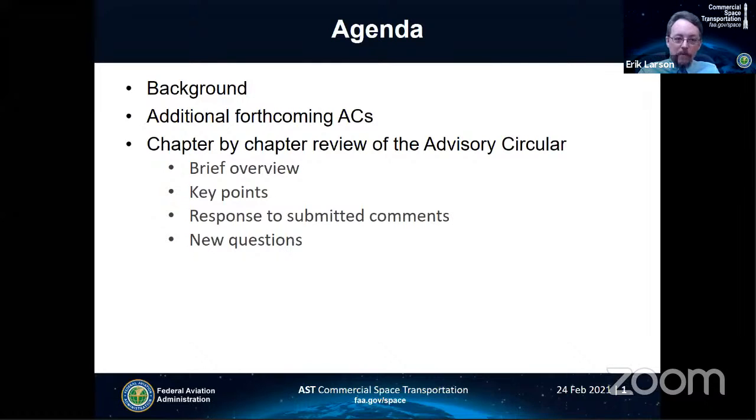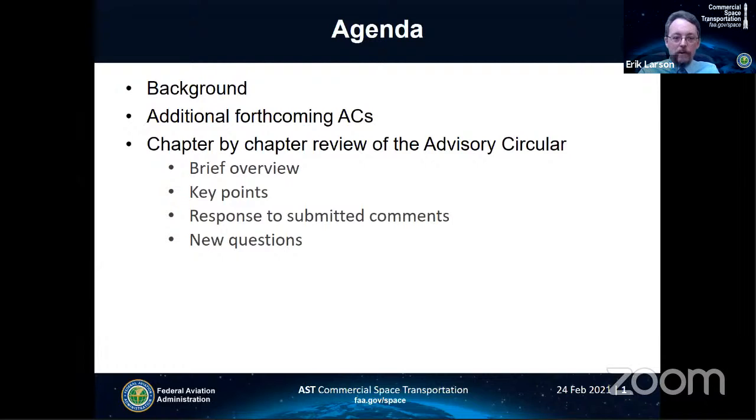But the bulk of today will be a discussion of this advisory circular, and we'll go through it chapter by chapter. For each chapter, I'll give a brief overview, especially highlighting some key points, and then I'll explain some responses to comments that were formally submitted during the 30-day comment period that occurred after the initial publication of the advisory circular, especially some of the changes that we made to the AC in response that are going to be published soon.